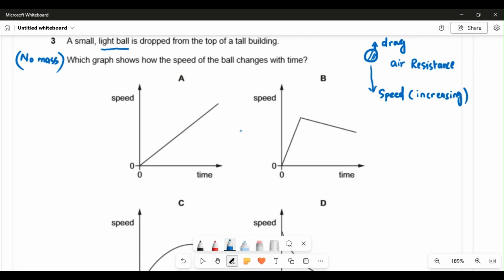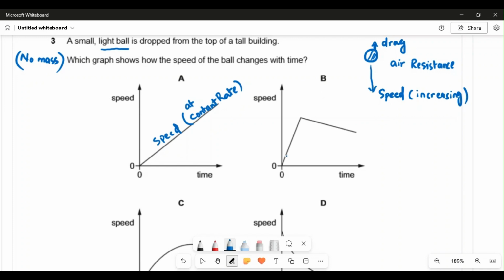If you look at graph number 1, it says that as time passes, speed is continuously increasing at a constant rate, or constant acceleration. So when speed is increasing at a constant rate, it means that acceleration is the same throughout.